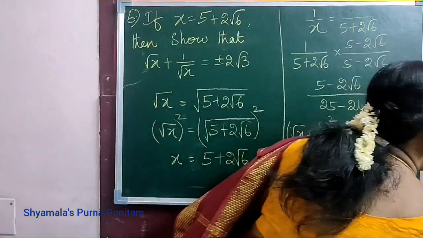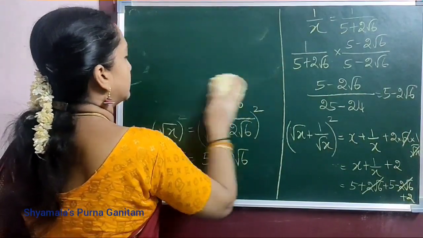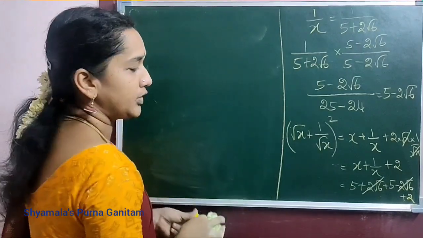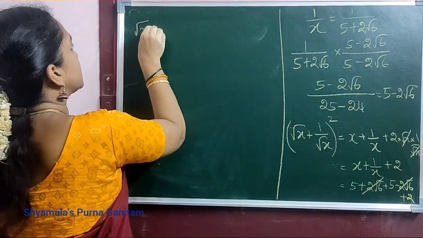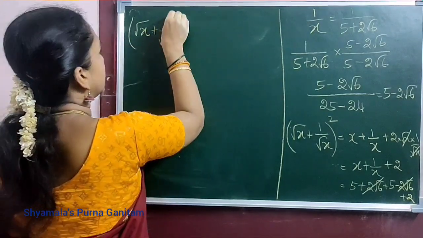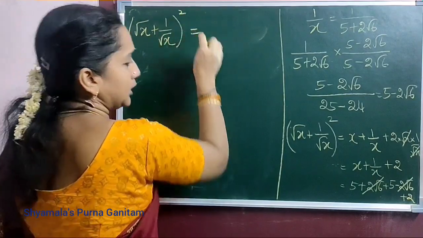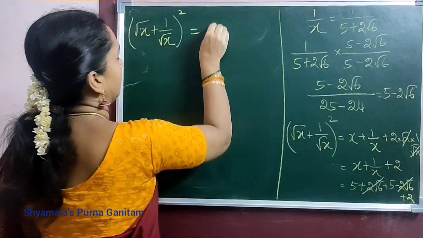So when you cancel that, you will get the answer as (root x plus 1 by root x) the whole square is equal to 5 plus 5, 10, 10 plus 2, 12.